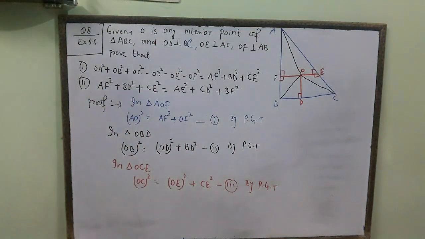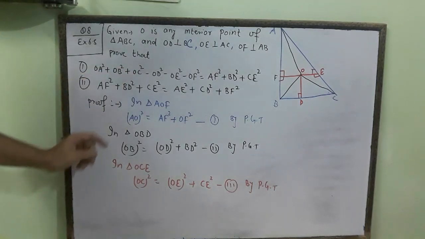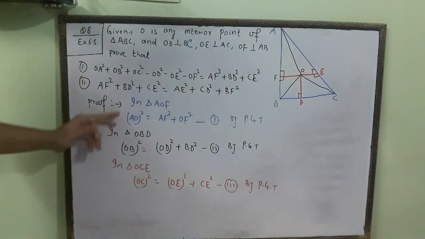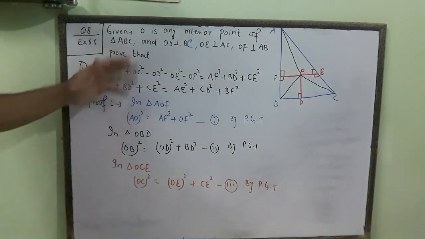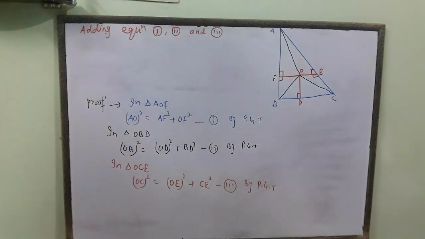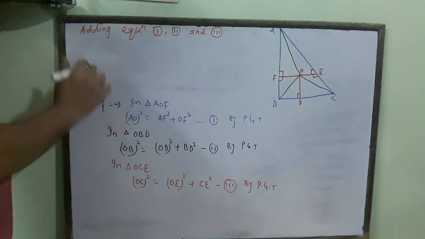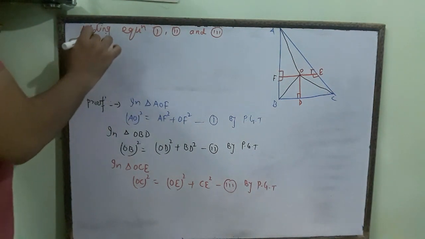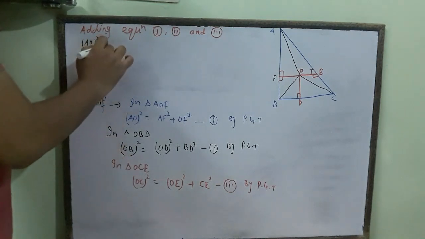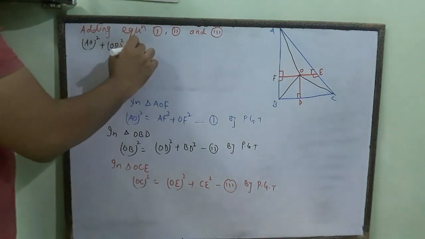Now see closely the first one. We have to add OA square plus OB square plus OC square. It means we have to add all the three equations and get the relation. See this one, equations 1, 2 and 3. Now adding equations 1, 2 and 3. In equation 1, the first one on the LHS is AO square, the second is OB square, and the third is OC square.